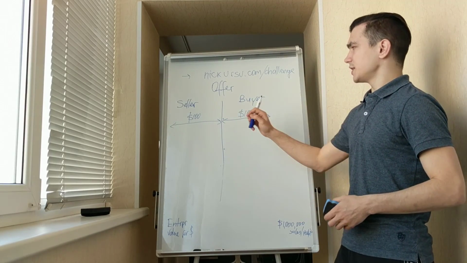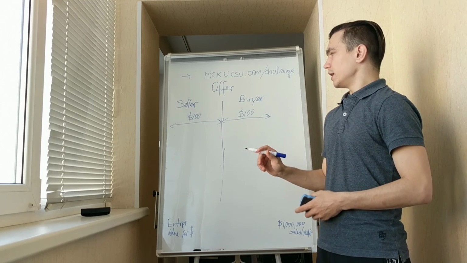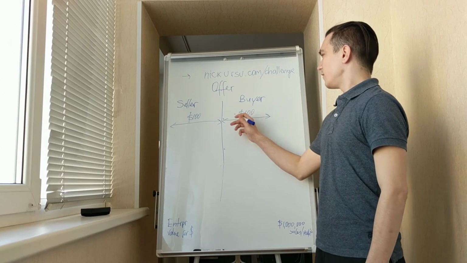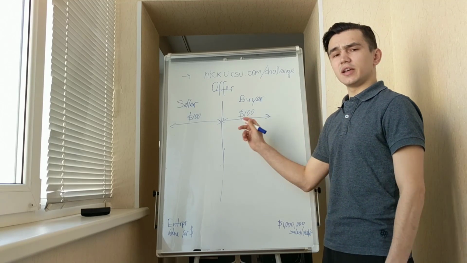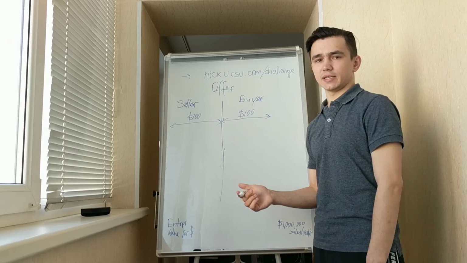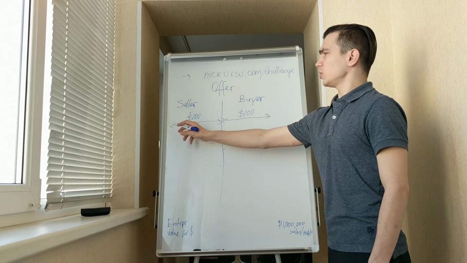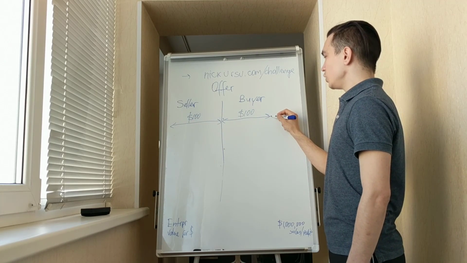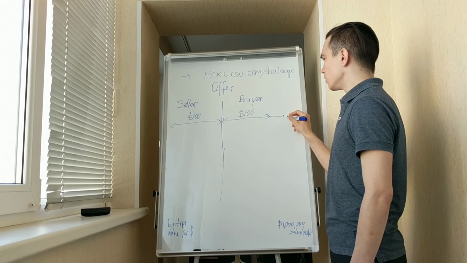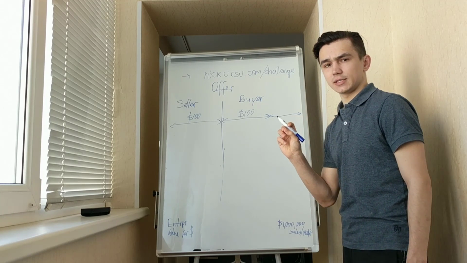So when you're a seller, for example, I promote the One Funnel Away Challenge. The value that the buyer sees, I can increase by adding bonuses, and that's the key. You have the same cost, but you can increase the value as much as you want by adding bonuses.